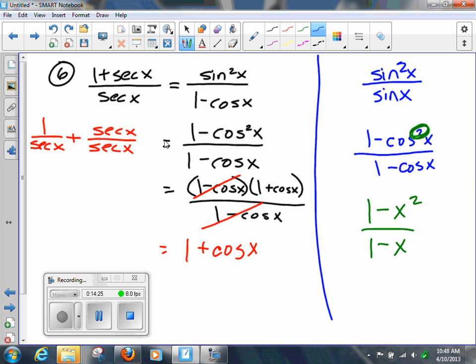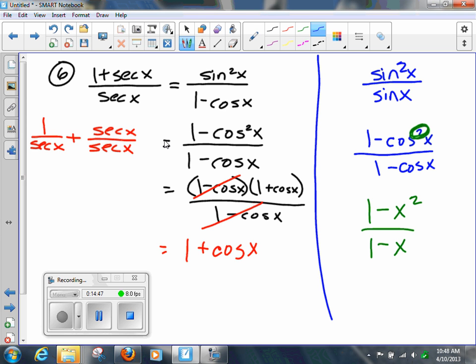And here's what I told my students. A monomial can only be canceled with a monomial. A binomial can only be canceled with a binomial. This is a binomial with a squared term. This is a binomial with a not squared term. They are not the same.